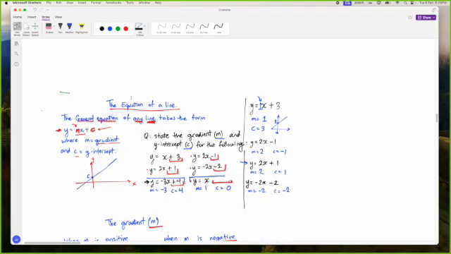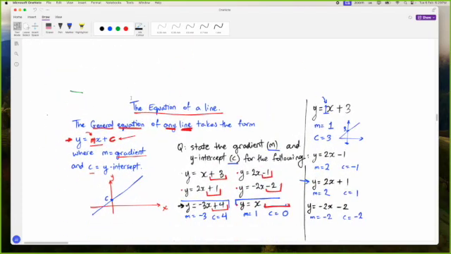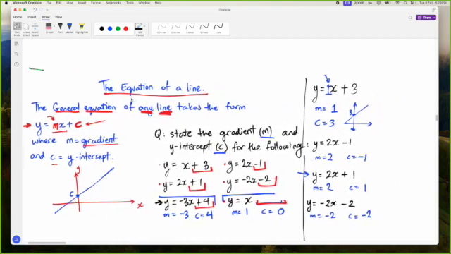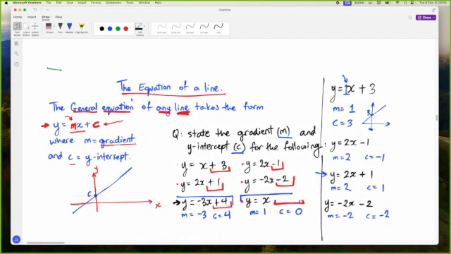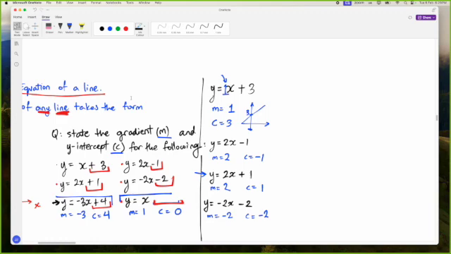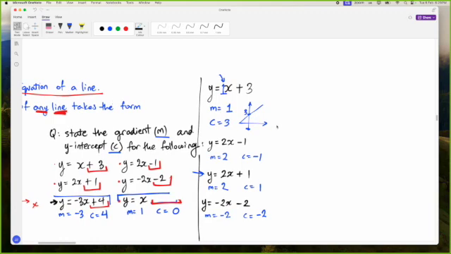So now we can actually look at an equation. We could look at these equations here and we could actually sketch them. For example, just by looking at this equation, y equals x plus 3, I could sketch this.